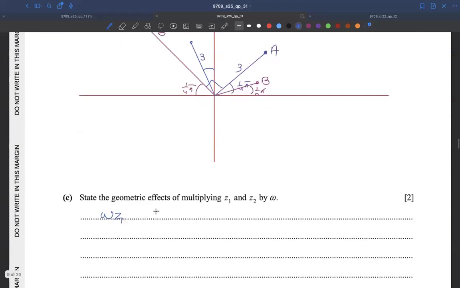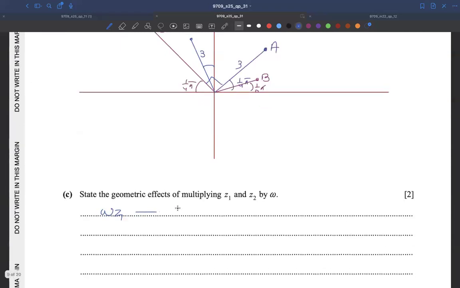So we can say one of the effects is that the point has rotated 90 degrees, and it has rotated anti-clockwise as the angle is positive.